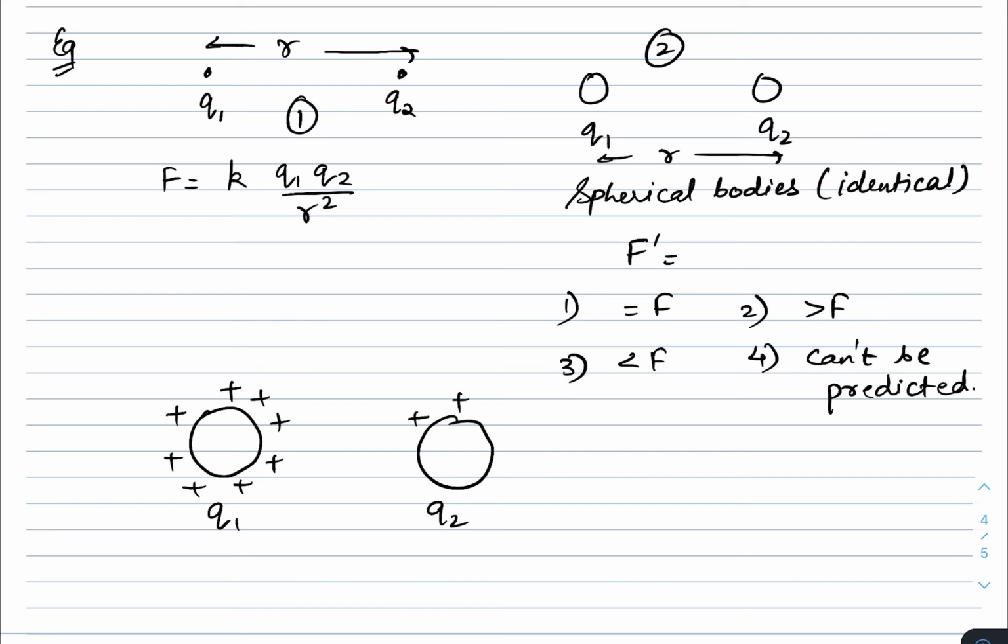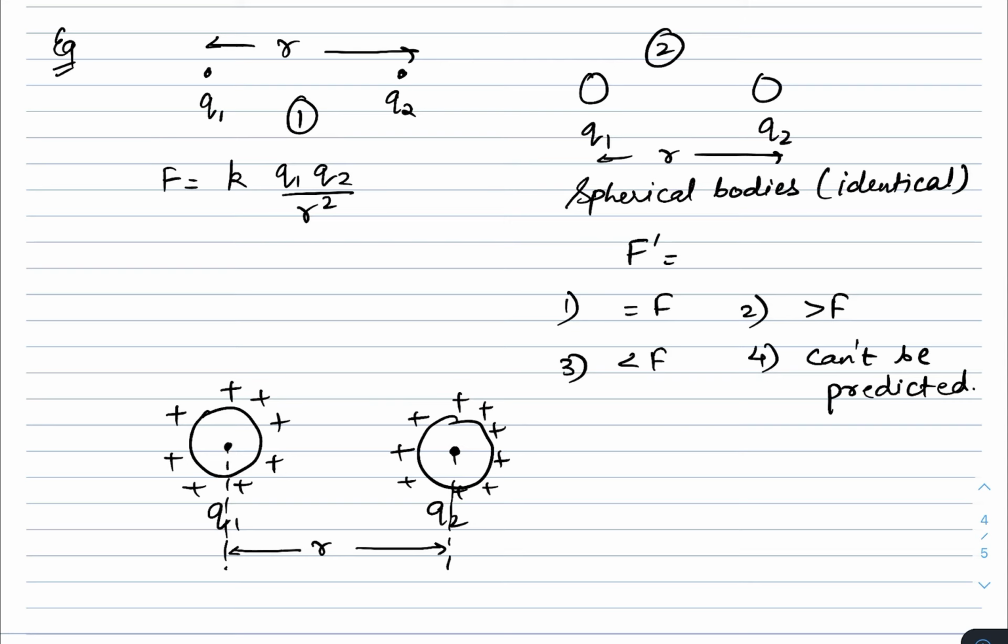If they become close to each other, r is the center to center distance.